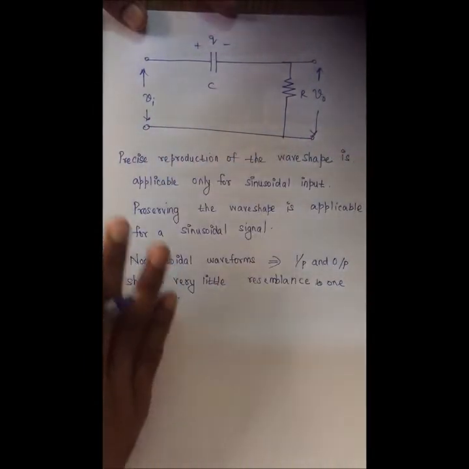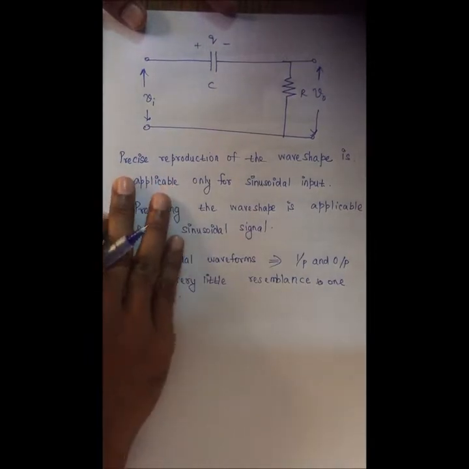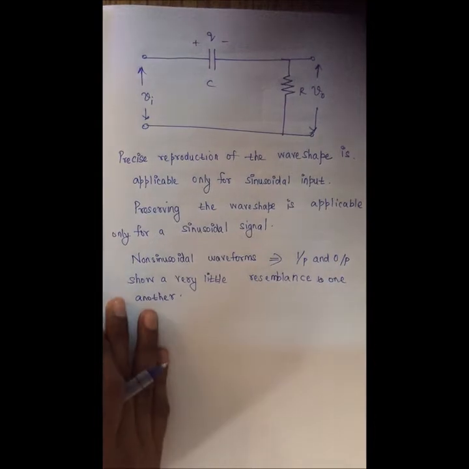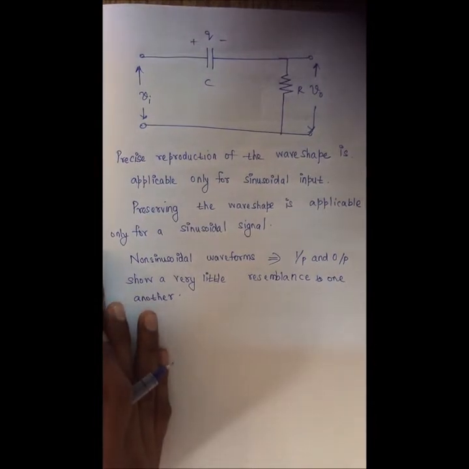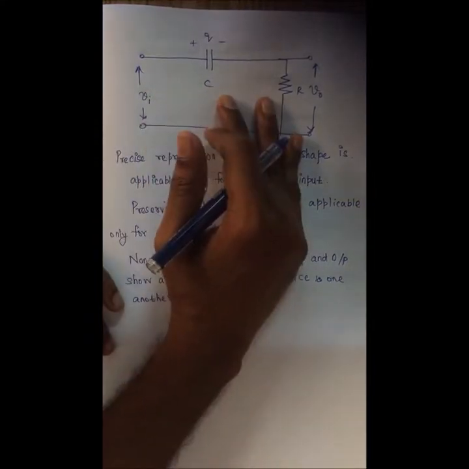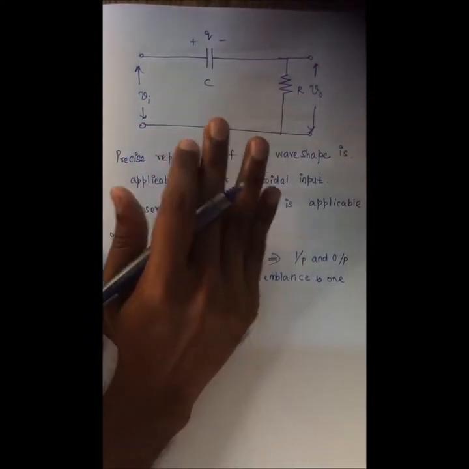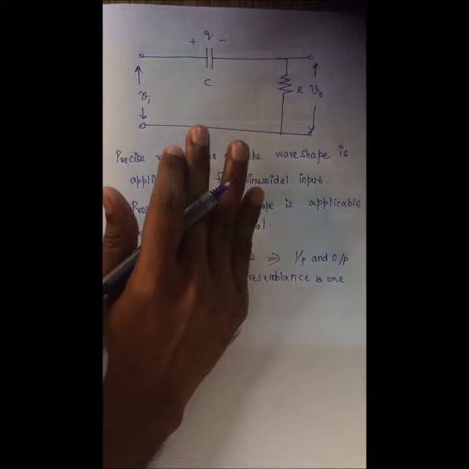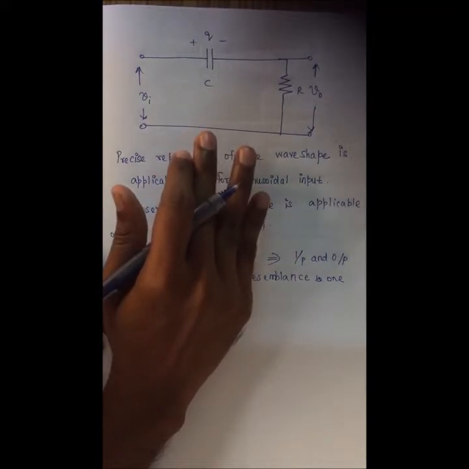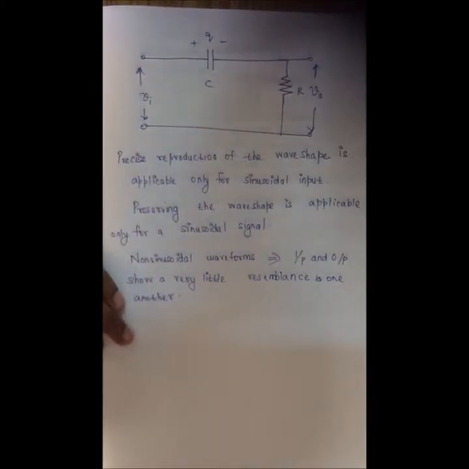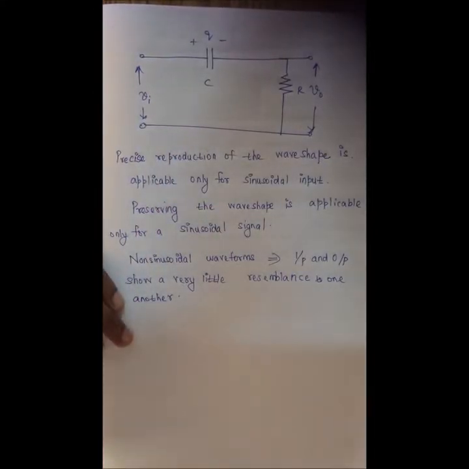Now the term linear wave shaping denotes the process whereby the shape of a non-sinusoidal signal is altered by transmitting it through this linear network. So you should understand, if I wanted to perform wave shaping with this circuit, a sinusoidal signal will not be useful at all.